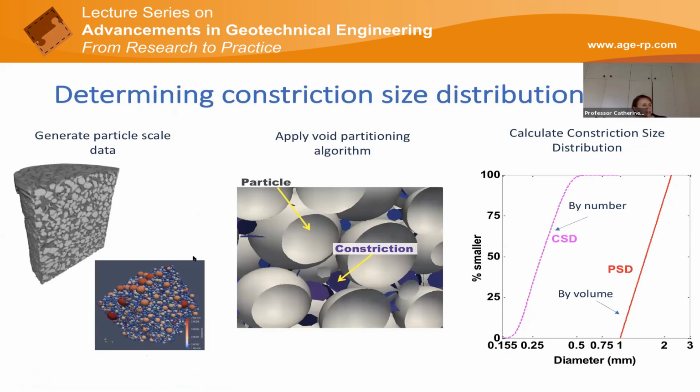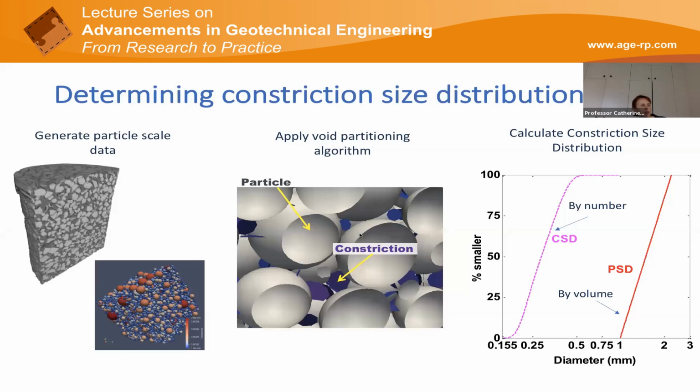The approach that we took in the research to really develop an understanding of this was to get particle scale data, both using microcomputed tomography, or these high resolution X-rays, but also using discrete element modeling. And then we came up with different ways of deciding where one void ends and another void begins. It's slightly subjective.